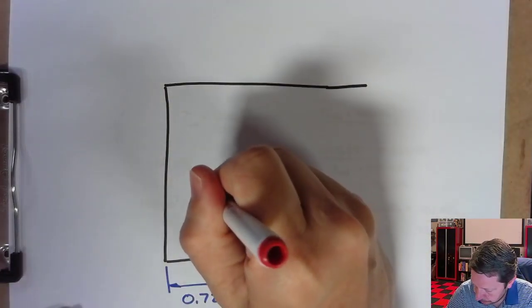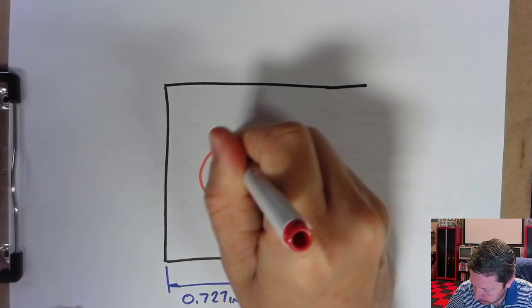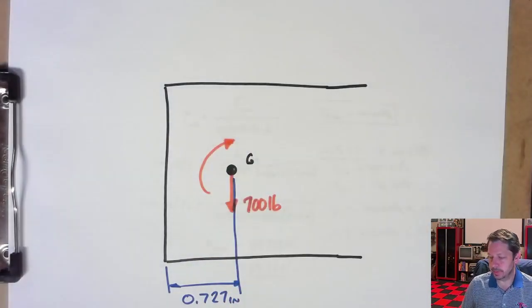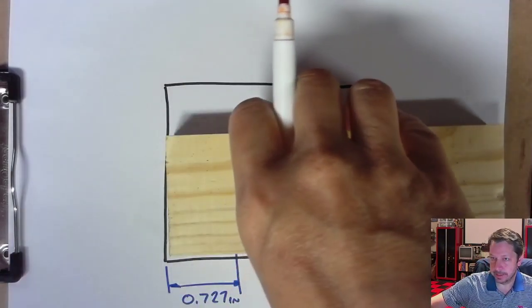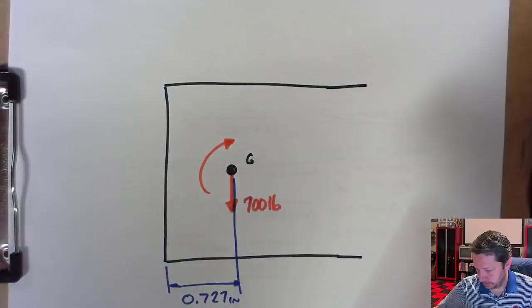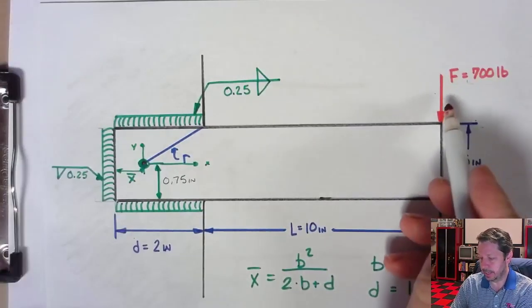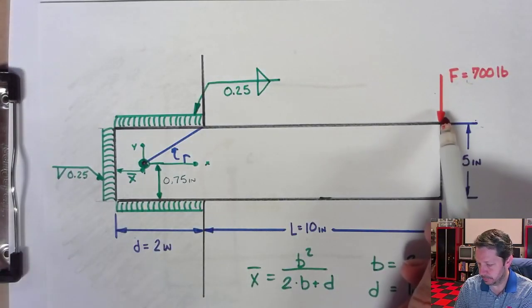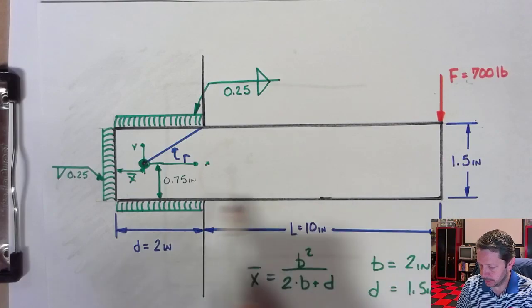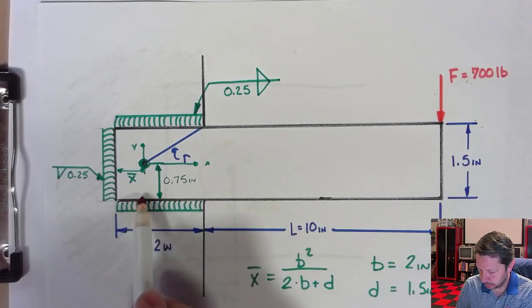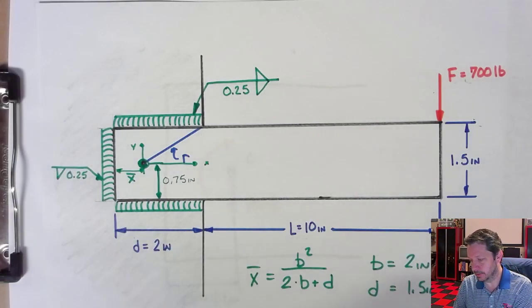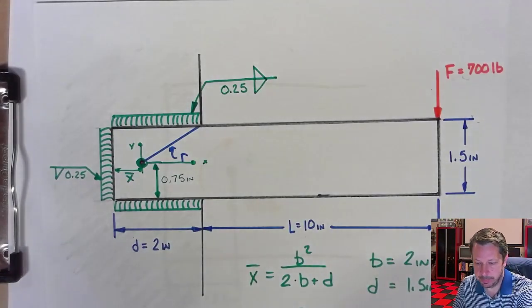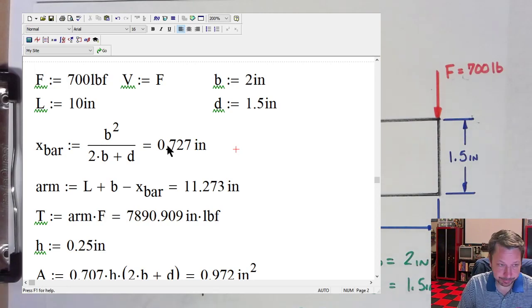So I'm going to put a concentrated moment here that will simulate or recreate that rotational effect of the 700 pounds at some distance. This 700 pound load has a moment arm of 10 plus whatever this distance is, 2 minus x bar. So I need to create that. Back in MathCAD, I calculated that.